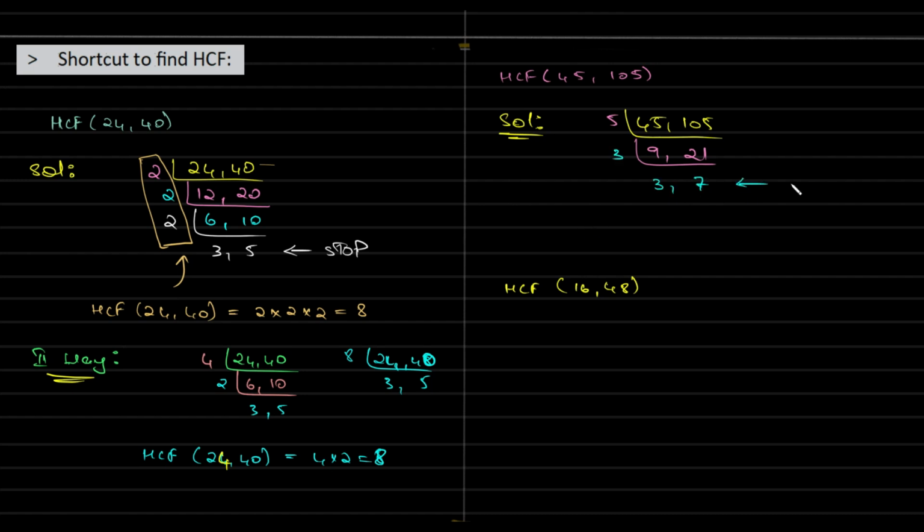We need to stop here because there's no common factor between 3 and 7 other than 1. So in place of 5 and 3, I could have started with 15. That's the whole idea. But not every time it will be convenient, so at that time we can start with any small number that you feel like. So the HCF over here is the product of 5 and 3, that is 15.